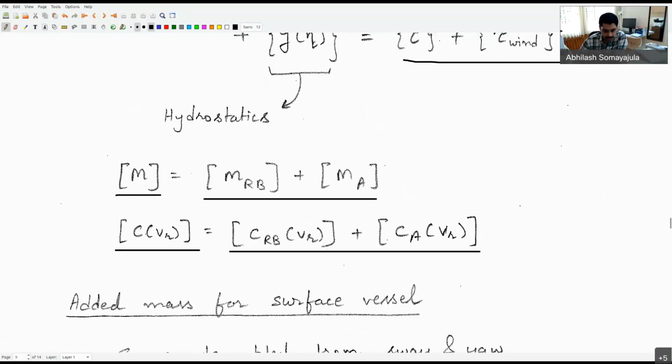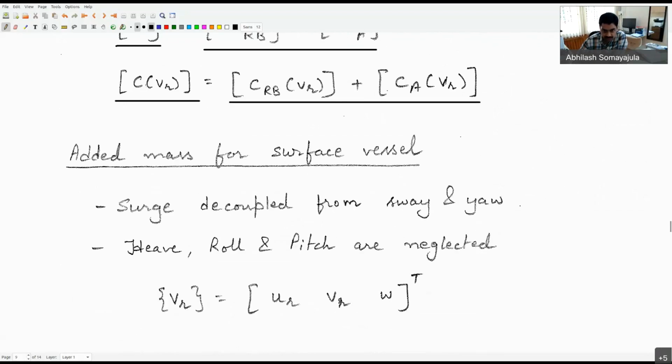Okay, so before we move on to the dissipative forces, let me quickly cover added mass for surface vehicles. Typically, we will find that the surge mode is usually decoupled from the sway and the yaw modes. Because of the symmetry of the vessel, even the added mass in surge really does not affect the added mass in sway.